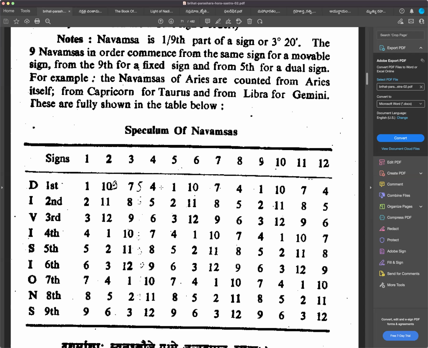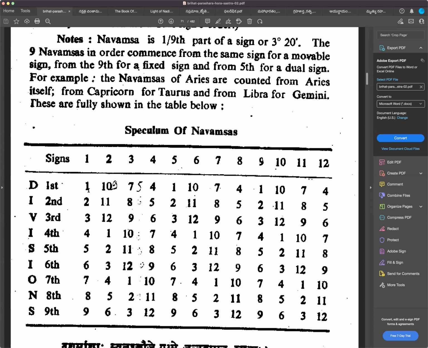In the Shodasha Varga Chakra discussion, we came to know Navamsa, D9. This is a method to calculate Navamsa using any sign. Actually, these are all up to D10; we can calculate them mentally.